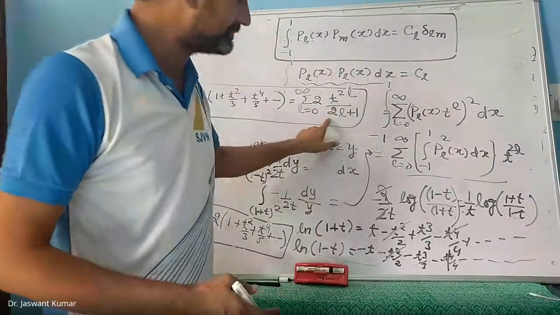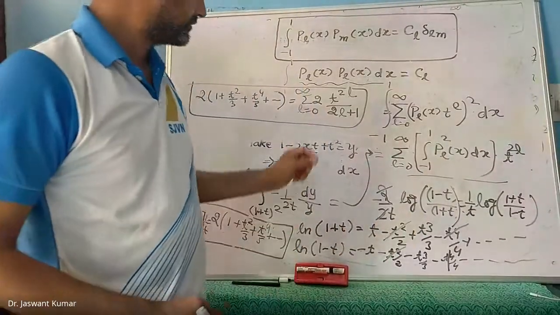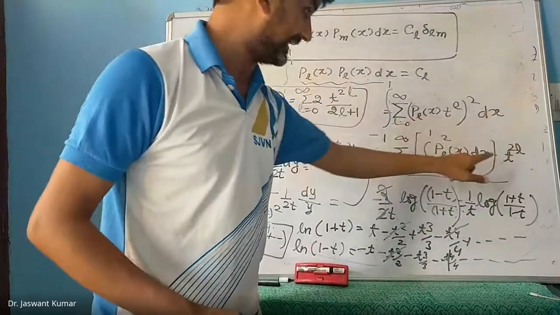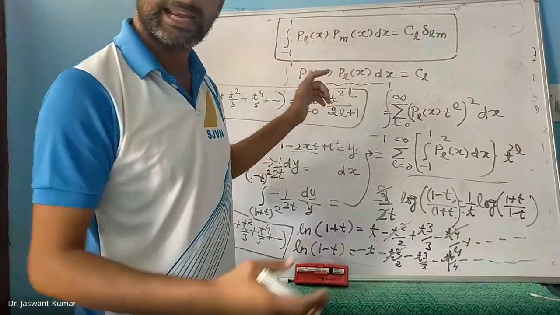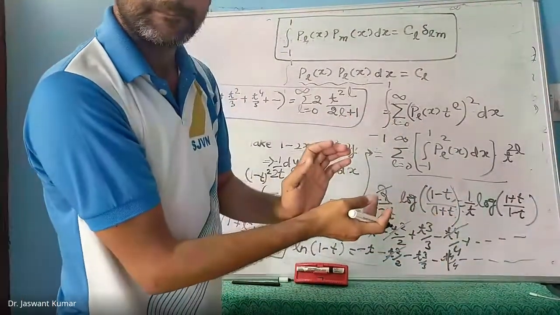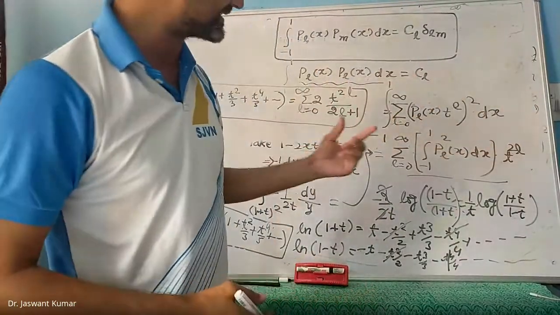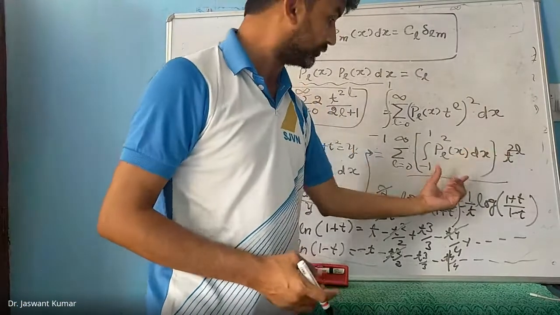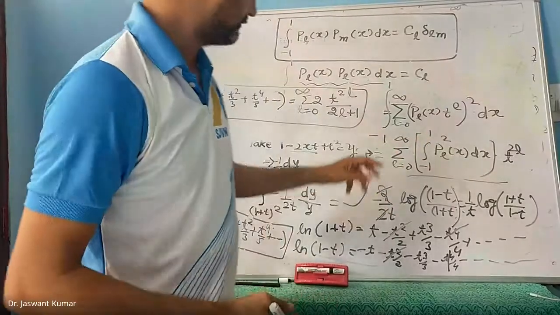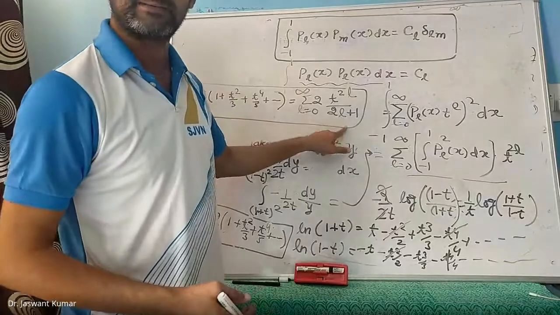Now this term can be compared to this term because this was our right hand side. Because this is a series in L and there is a t to the power 2L here as well as here, you can compare the coefficients of equal powers of t. If you compare the coefficients of t to the power 2L on both sides, then the coefficient of t to the power 2L on this side is the integral from minus 1 to 1 of PL square dx, whereas on this side it is 2 by 2L plus 1.